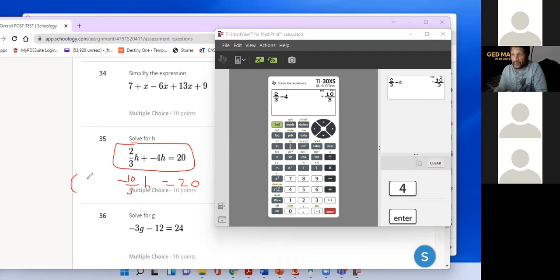So that is -3/10. Whatever I do on one side, I do on the other. -3/10. Now, what I notice is the 3's cancel, the -10's cancel, and h is equal to 20 times -3/10.